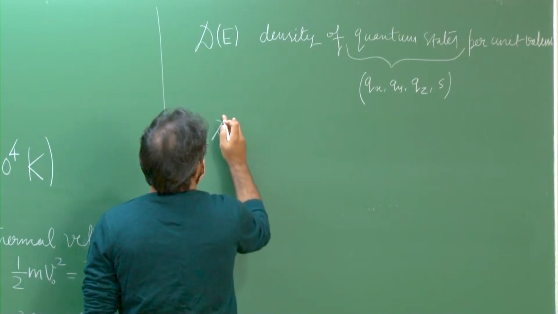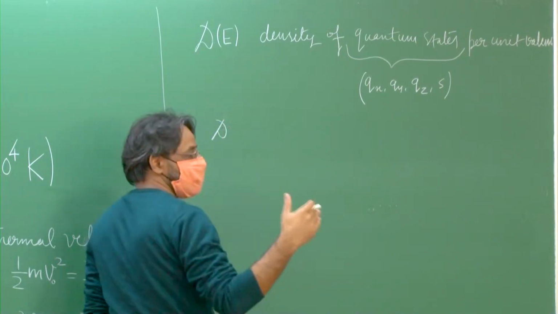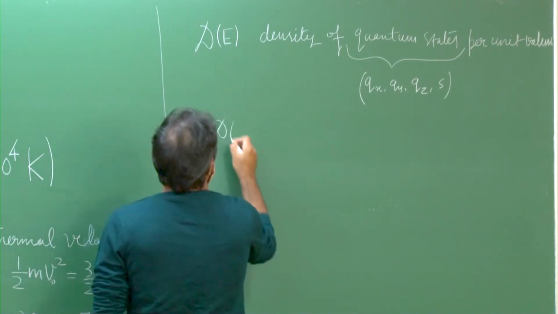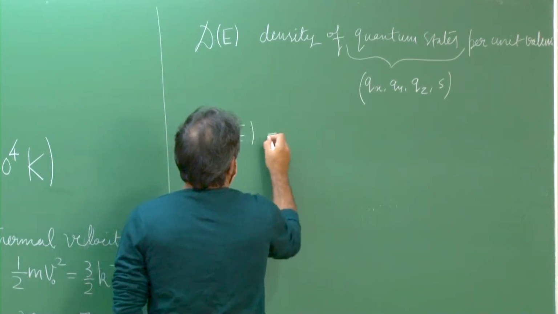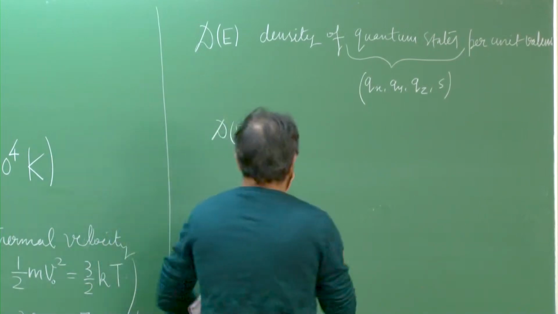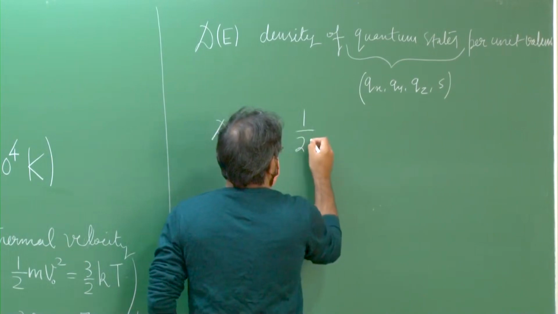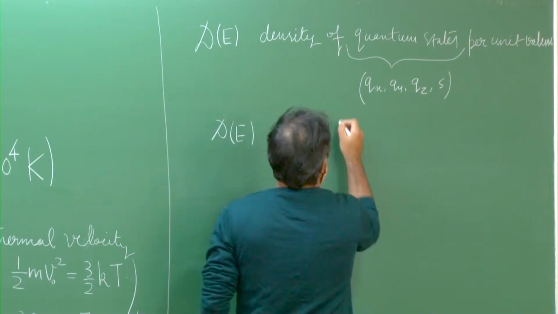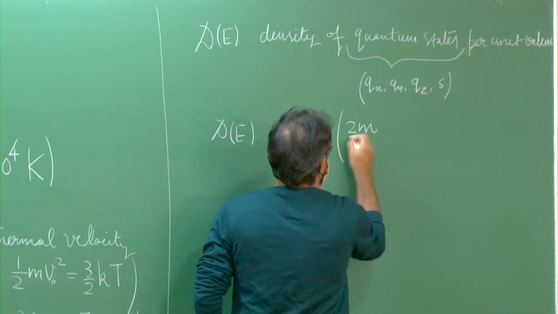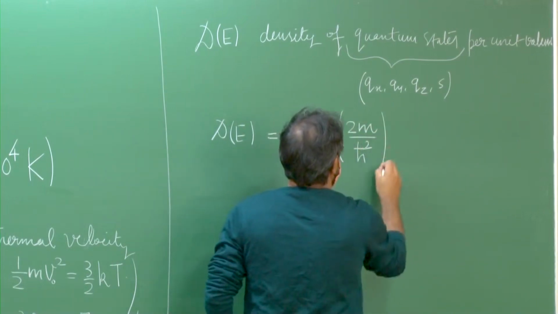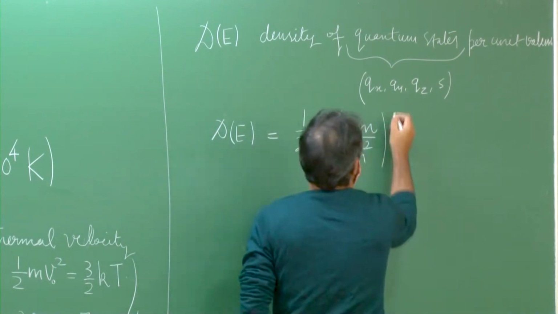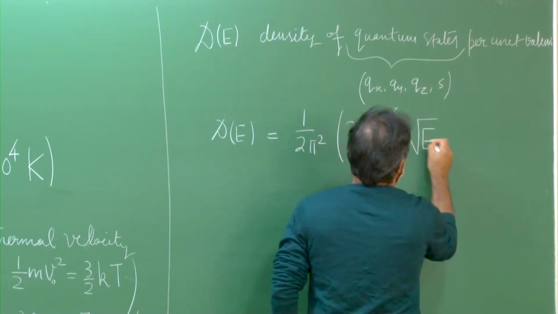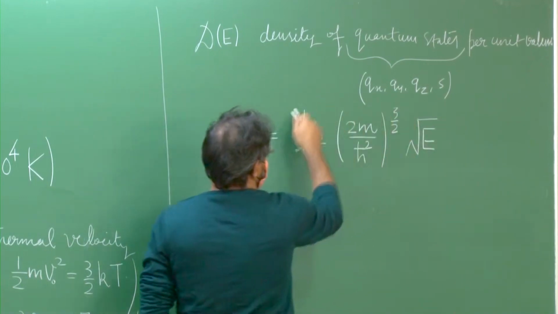Remember, the definition is the number of states in the energy range between E and E plus dE per unit volume. Using that we derived the formula, which turned out to be 1 over 2 pi square times (2m by h bar square) to the power 3 halves times square root of E. The point to remember, all these are constants, right.